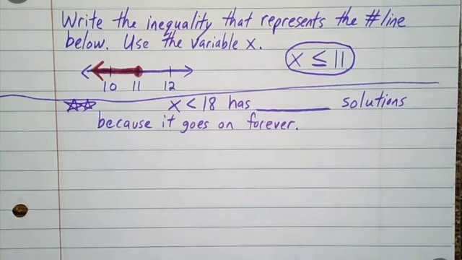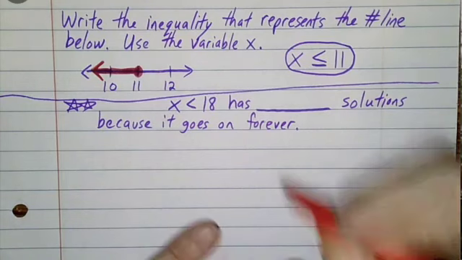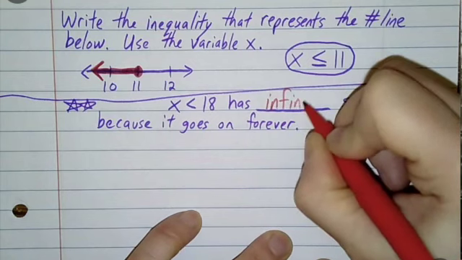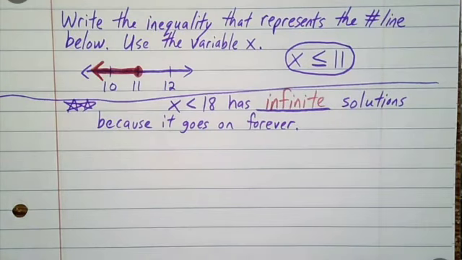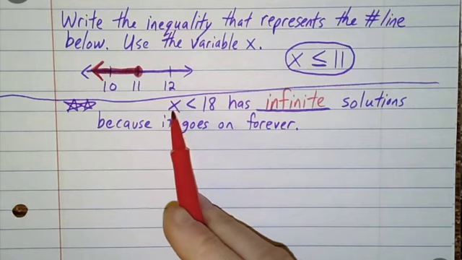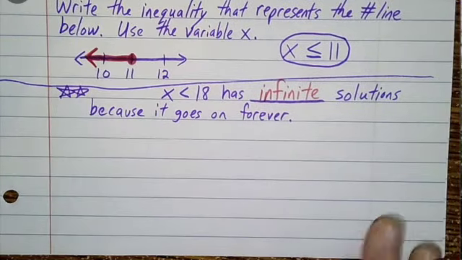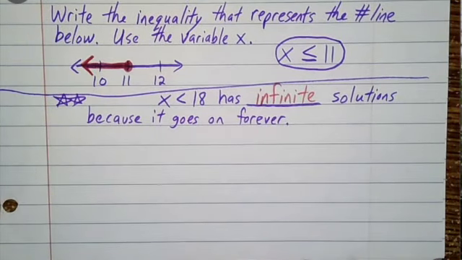We call the word infinite solutions. In other words, it's going to go on forever. It's 17, 16, 15, 14, 13, and it goes on all the way through the negatives as well. So we call that infinite, meaning you could have obviously more than one solution.